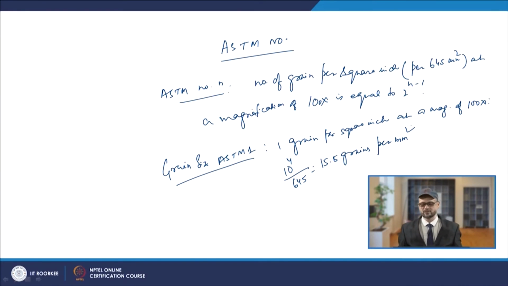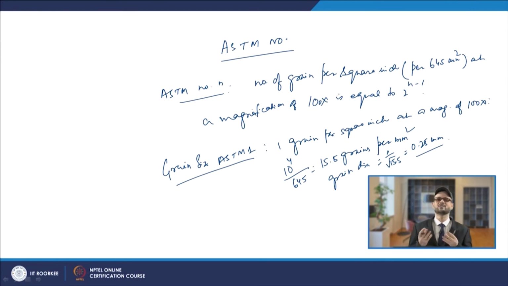So, this will be ASTM 1, and if you talk about the grain diameter, it will be 1 by under root 15.5. So, it will be something close to 0.25 millimeter, so it will be 250 micrometer. That will be the size of ASTM 1.